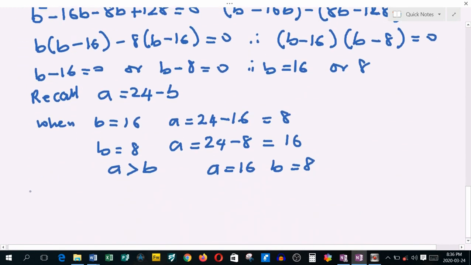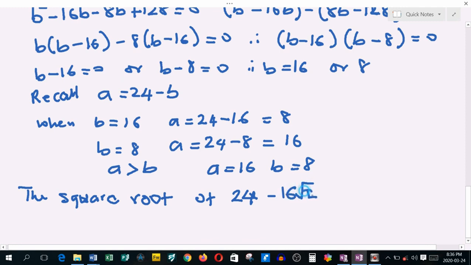So the square root of 24 minus 16 root 2 must be root 16 minus root 8, which is the same thing as 4 minus 2 root 2.